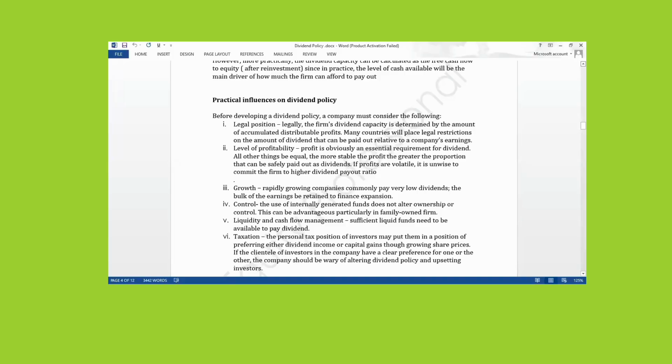Control issue. Control implication. To preserve ownership and control, management can decide to pay less dividend and retain the bulk of the profits to finance projects.